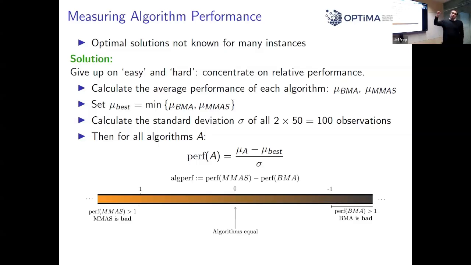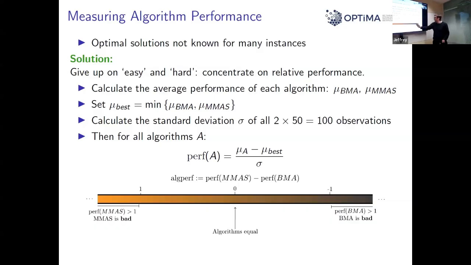So, because we have only 2 algorithms, we can make a nice plot where we put the performance of both algorithms on a single axis. In the middle, the performance of both algorithms is 0. And on one side means that the performance of one algorithm is increasing while the other one remains 0.